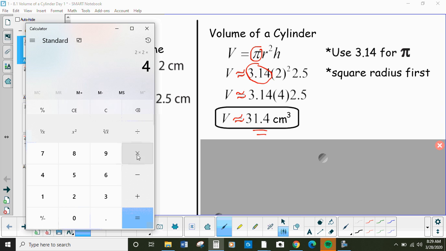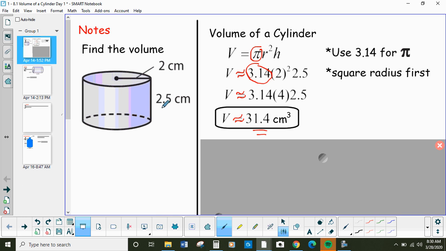And let's say that you guys use the pi button instead, which would be closer to 3.1415, etc. And then let's see what happens. You see that it's a little bit bigger, right, than 3.14. Now, it still rounds to the same thing, but my point is you'll notice as our numbers get bigger than 2 and 2.5, that this number might be a little bit off.